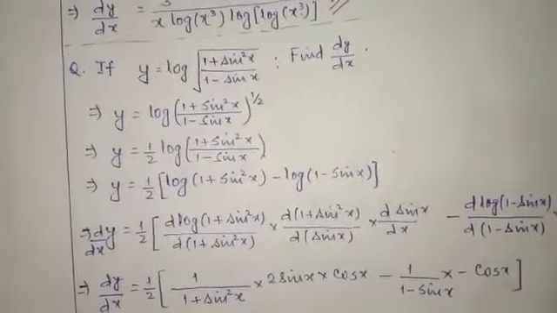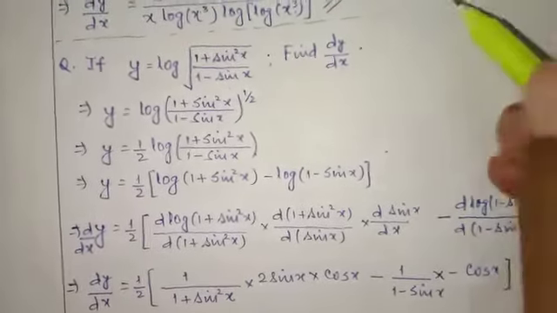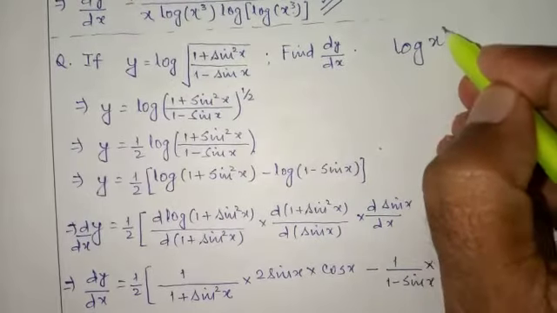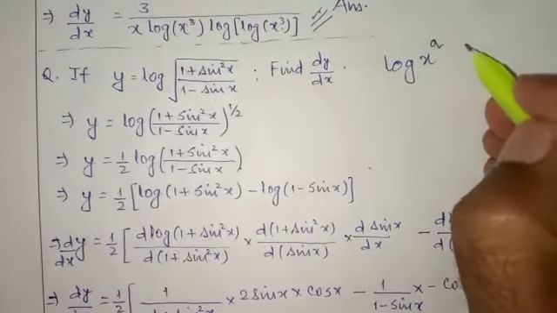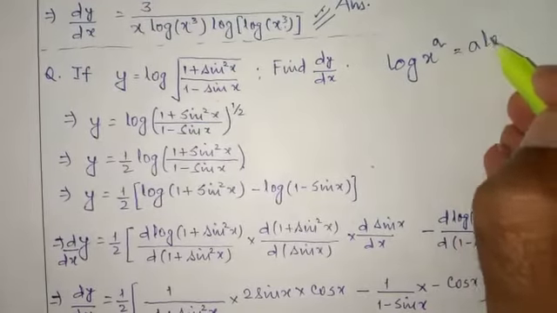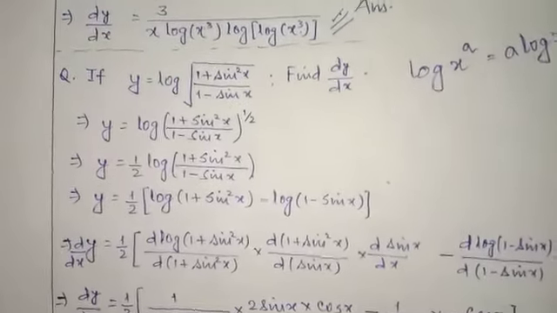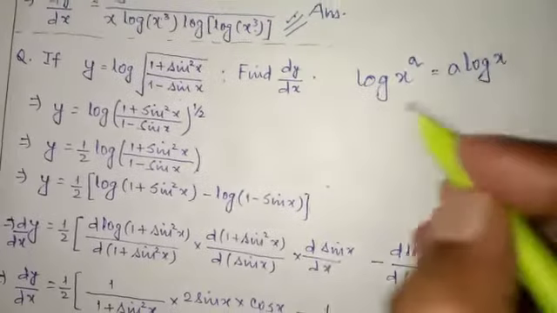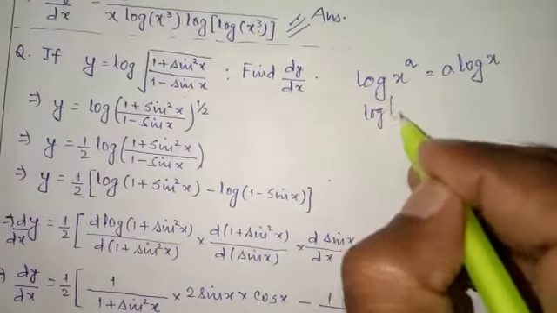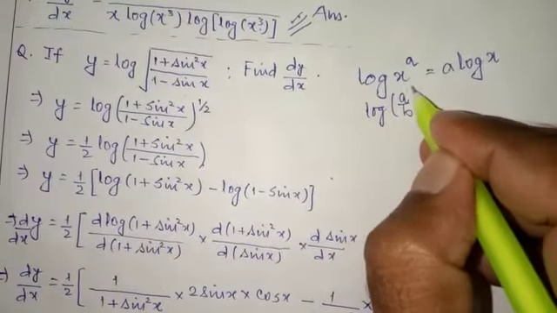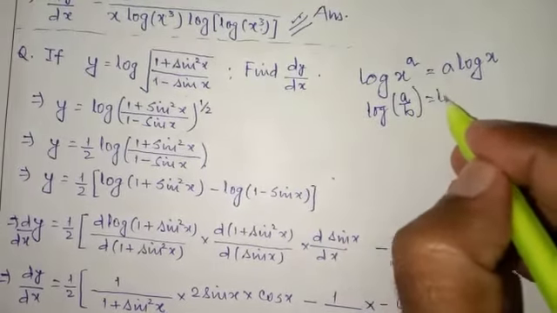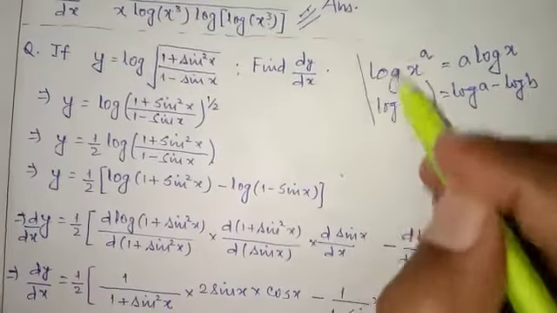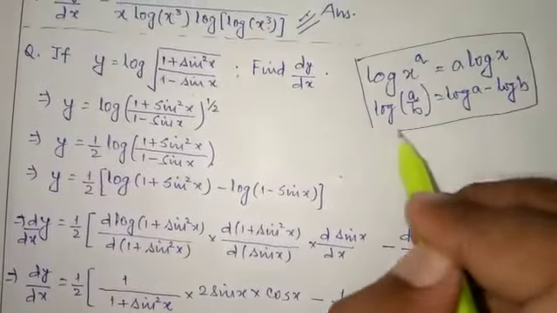Now apply some log properties. Children, you already know log x to the power a is equal to a log x, and log a by b is equal to log a minus log b. So here we apply these two properties.